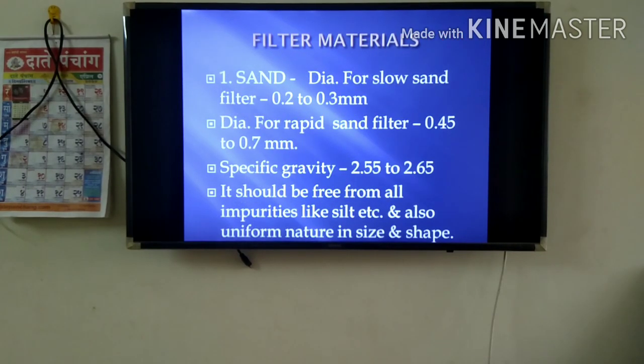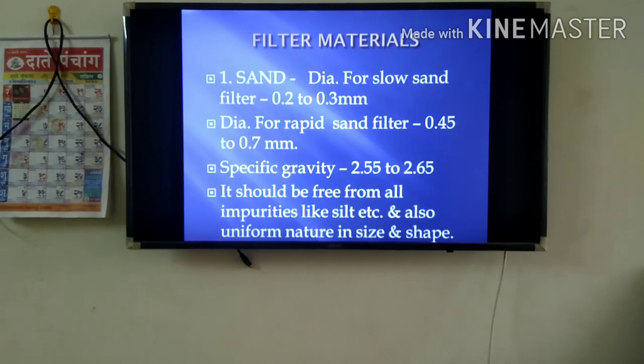Next, filter materials. The first type of filter material is sand. As we discussed, there are two types of filters, slow sand filter and rapid sand filter. Mostly, rapid sand filter is used in a number of cities. We have already seen the rapid sand filter.